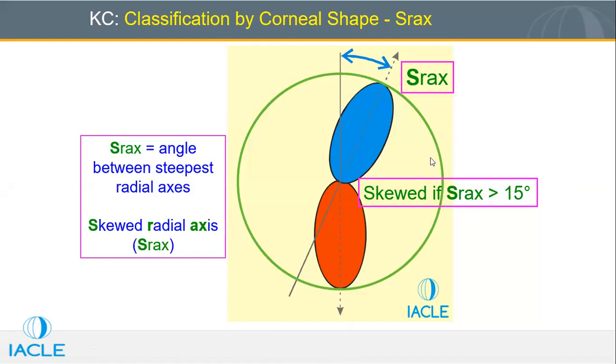In advanced keratoconus, you can very easily make out whether this cornea is having keratoconus or not. Sometimes in early keratoconus, it is difficult to differentiate it from a regular or normal cornea. So this skewed SRAX is one of the very consistent classification systems and very accurate in differentiating a keratoconus cornea from a normal cornea.